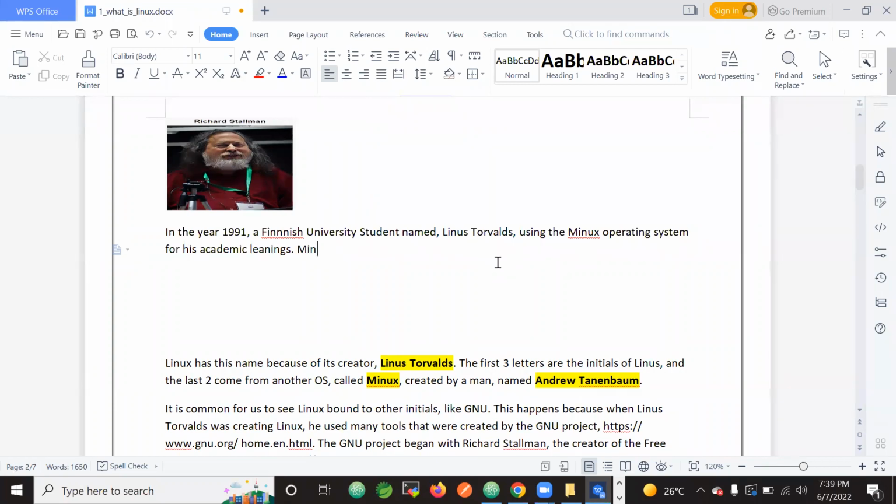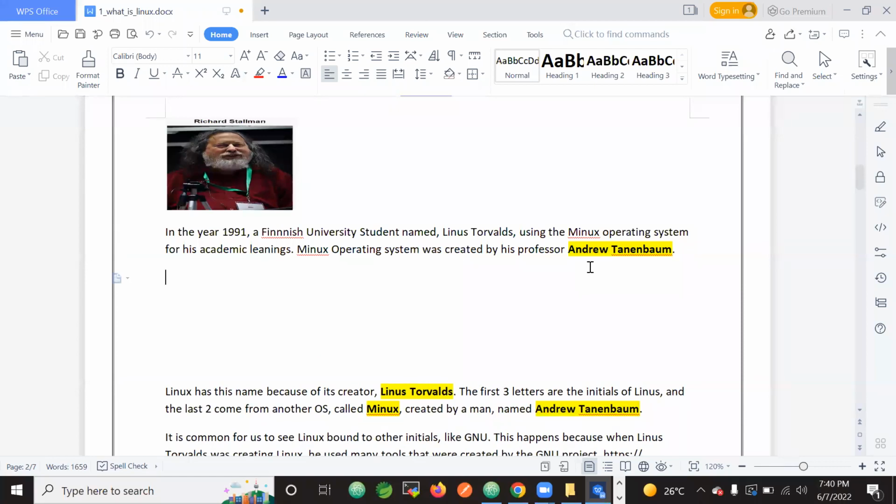This operating system was created by his professor, Andrew Tanenbaum.